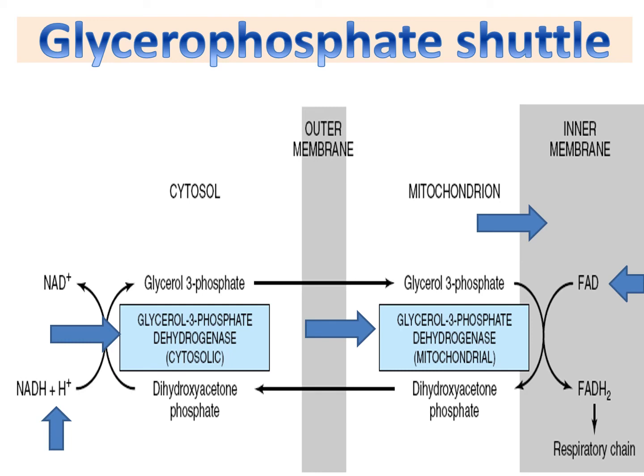When glycerol 3-phosphate is converted into dihydroxyacetone phosphate, it loses its hydrogen. This hydrogen is taken by FAD to form FADH2, and this through the respiratory chain produces only 1.5 ATP. So when the cytosolic NADH enters the mitochondria through this shuttle, it produces only 1.5 ATP.